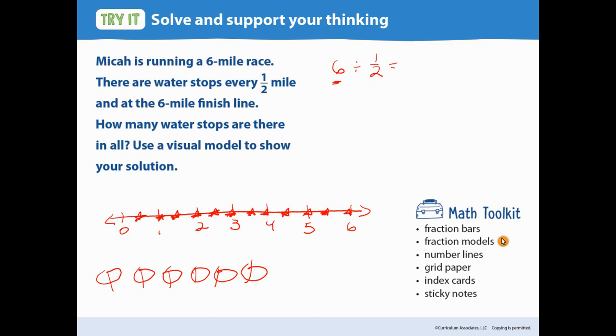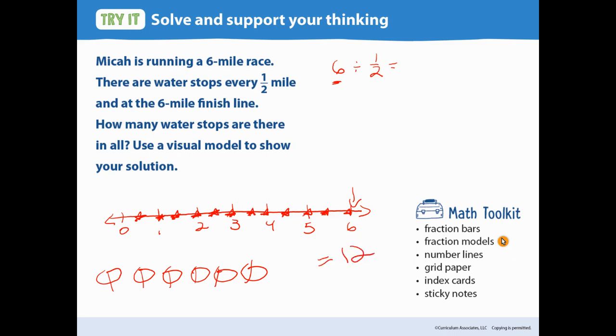Now let's make sure it fits everything that they said. There are water stops every 1/2 mile, which I did, and at the 6 mile finish line, and there is one there. So now you go back and count your stars: 1, 2, 3, 4, 5, 6, 7, 8, 9, 10, 11, 12. So both of these equal 12.